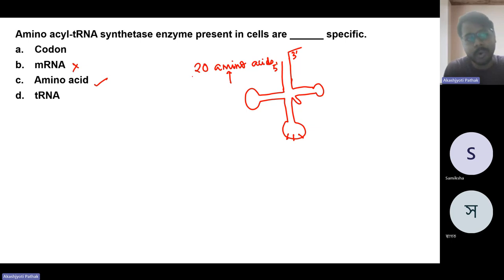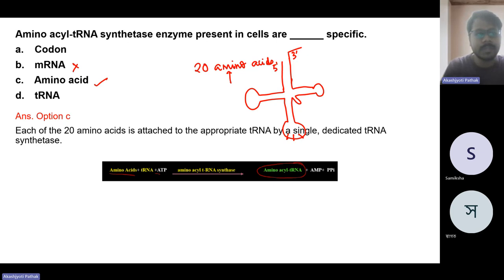There are actually more tRNAs than amino acids, so these are iso-accepting tRNAs. Iso-accepting tRNAs will have the same amino acid residue, but the anticodon sequence will be different. So the answer is option C.